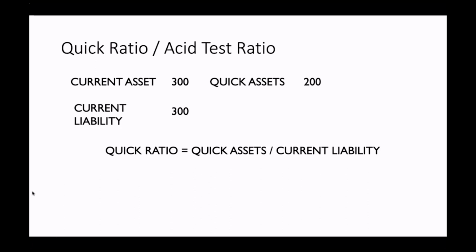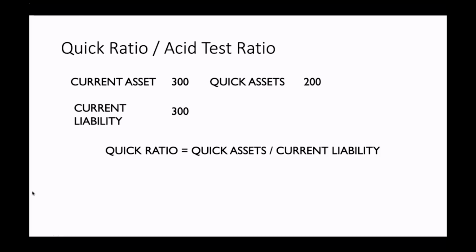This is already paid for, so it is not going to fetch you any cash within a period of 1 year, but it is actually helping you to reduce the payments within a period of 1 year. So from current assets, as we have removed stock, we should also remove prepaid expenses. That will give us quick assets, and if that is divided by current liability, you get the quick ratio.